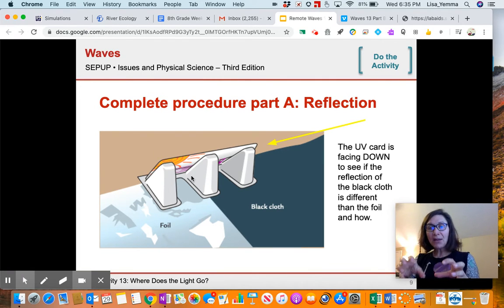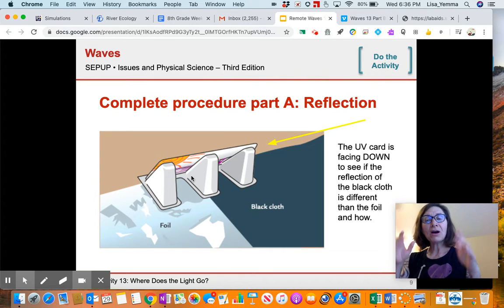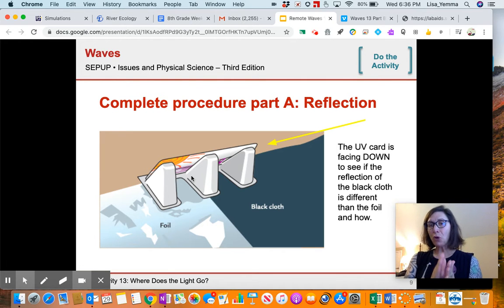I don't want to know what happens to the UV card when the sun's rays hit the UV card. I want to know what happens when the sun's energy, that UV wavelength frequency, hits the black cloth and is reflected back towards the UV card. I want to know how the black cloth and the foil have different reflective properties.